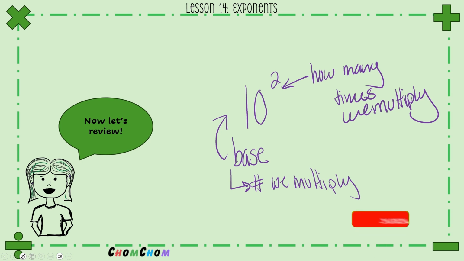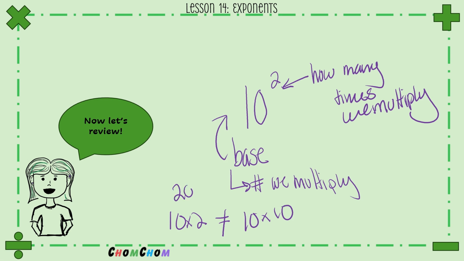And then we can also argue that 10 times 2 is not equal to 10 times 10, right? Do we see why this is going to be 20 and this is going to be 100? 20 does not equal 100. It will never equal 100, unfortunately, or fortunately.